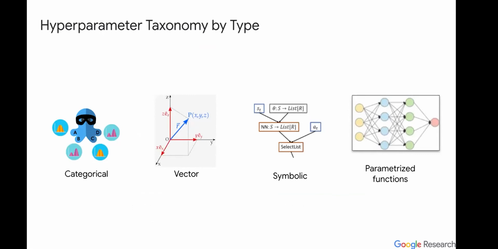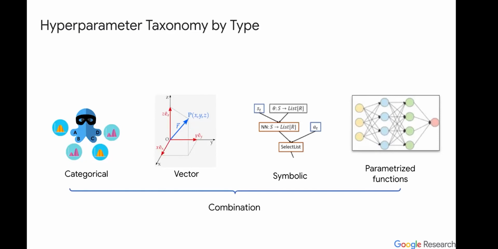Okay, in terms of the hyperparameters, there's going to be a little bit of naming overload here, so bear with me. We're going to consider everything we talked about a hyperparameter. Everything encoded in the zeta is a hyperparameter. It can be categorical, a vector, symbolic, or a parameterized function. Symbolic means we're giving a program and so on. The parameterized functions for all purposes are neural nets, but they don't have to be. Or it can be a combination of them.